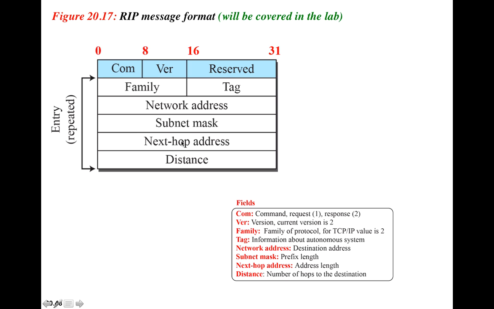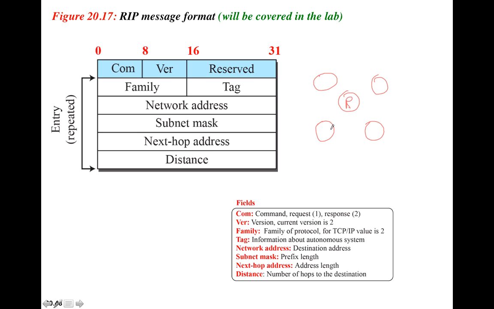Now the next hop address, it's not really the address length. If there is a router that is a better choice, the next hop address will give that information. For example, there could be a router among this set of routers that is actually not using RIP.